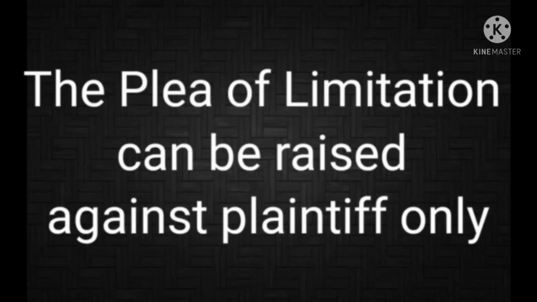The defendant will not be precluded from setting up a right by way of defence, though it could not have done so as plaintiff by way of substantive claim. So the plea of limitation can be raised against the plaintiff only, because the plaintiff has filed a suit after the lapse of time.